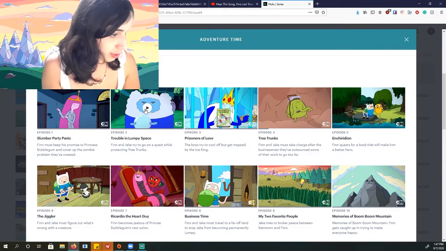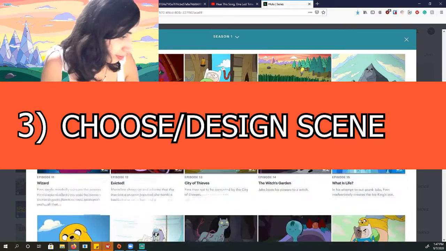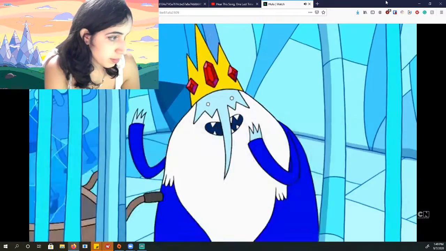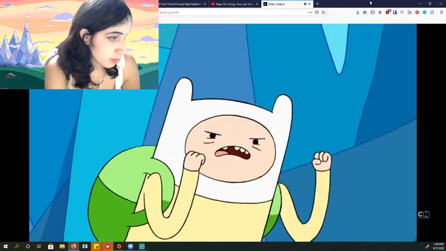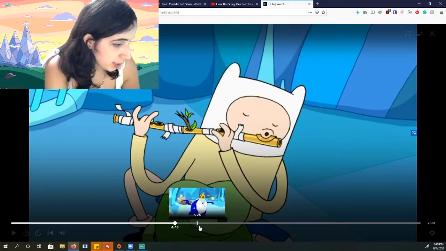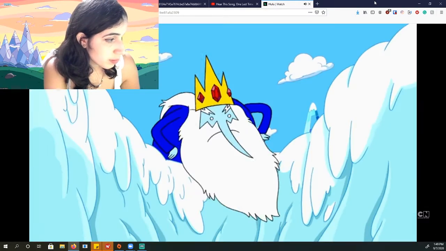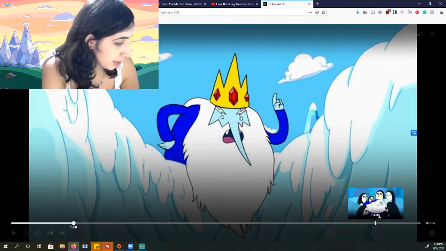I decided to call step 3 choose/design the scene you want to animate yourself in. So when I was looking for a scene to animate myself into, I wanted to find backgrounds that gave my character the ability to do a cool action in the short amount of time I had to introduce her.